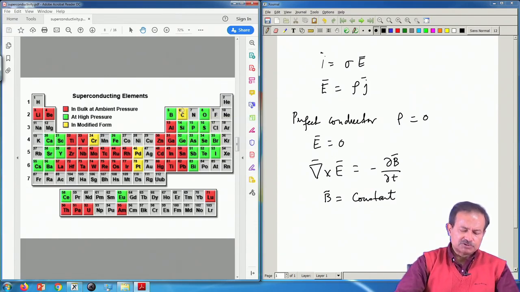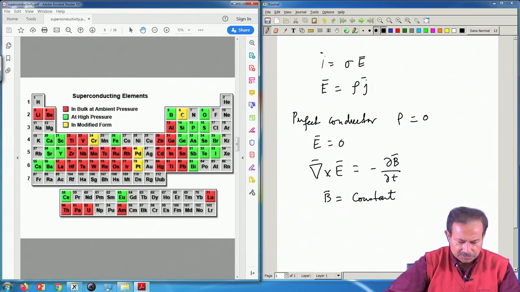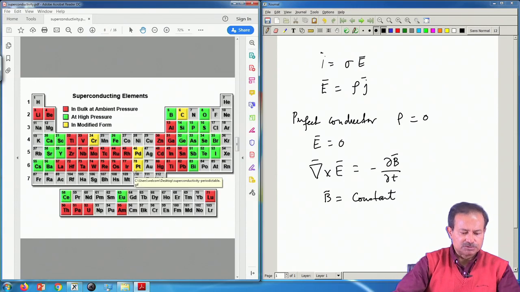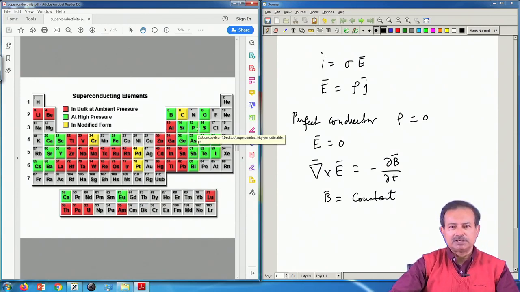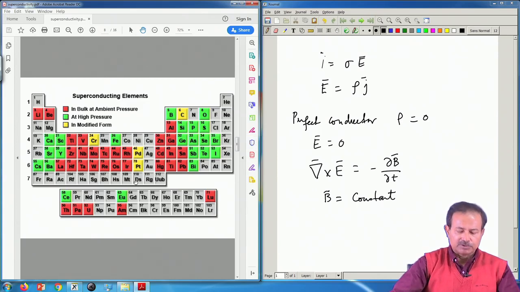Diamond also becomes superconducting under doping, but that is still controversial, so I will not get into that. Cerium and europium are also normal superconductors, and they are also superconducting when they are part of a heavy fermion compound.